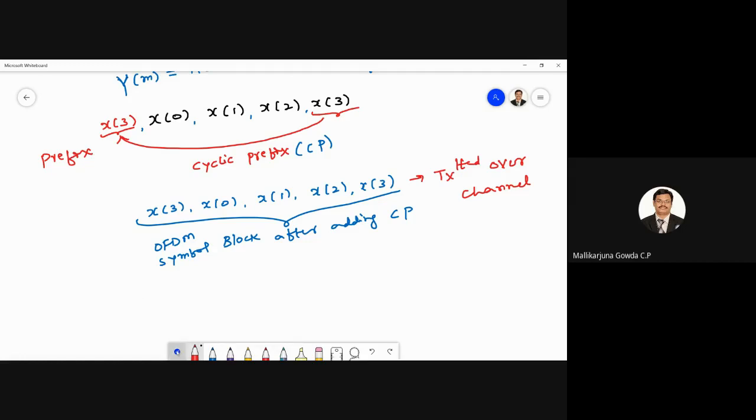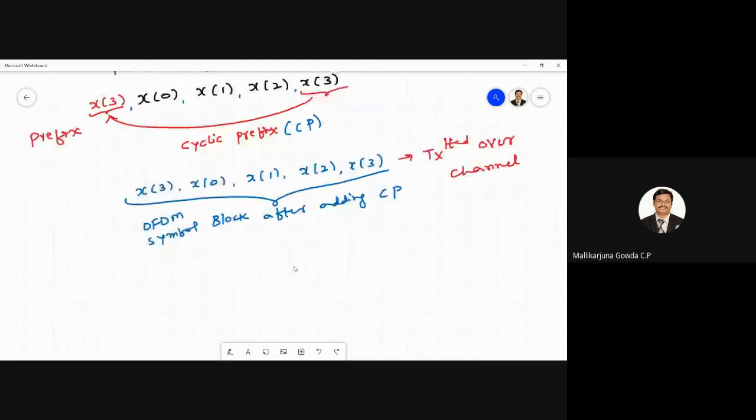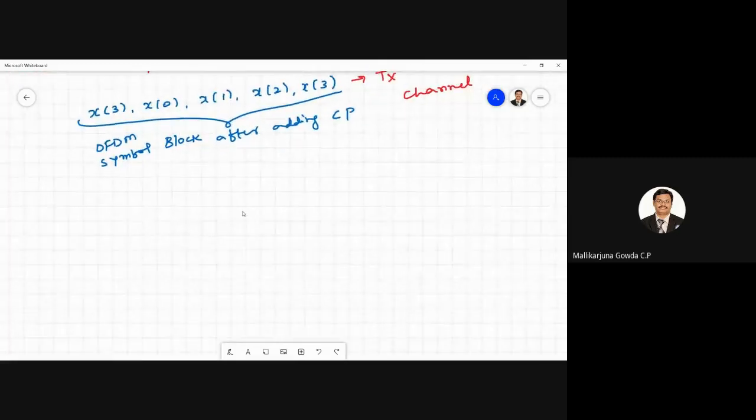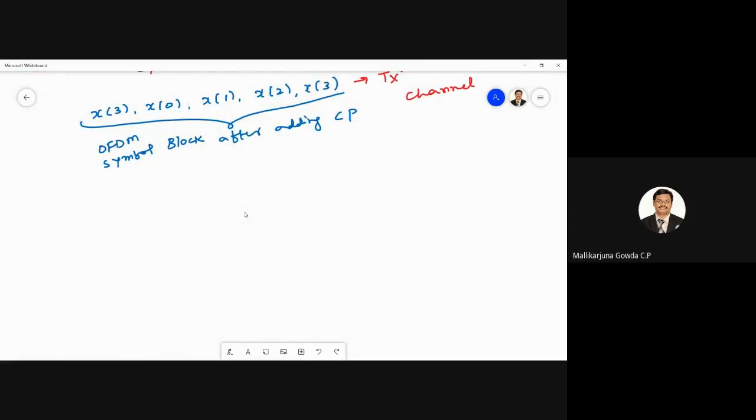So now let me write the output of the channel, as I wrote for the ISI model.